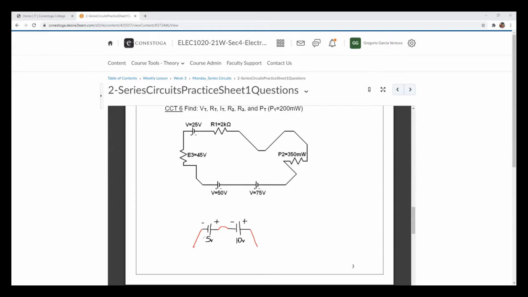Now we have what is called additive polarity. And when we have additive polarity, this voltage is going to be adding up to these volts, and the total output voltage is going to be equal to the sum of the voltages, in this case, 15 volts. Fair enough?